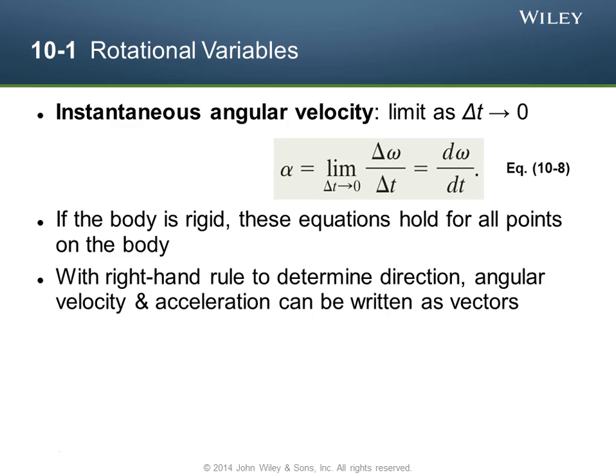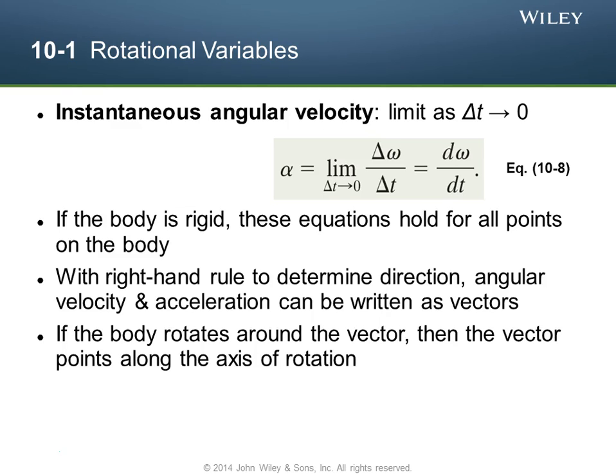Now, displacement is also a vector, and so we can use the right-hand rule to determine the direction of the displacement vector as well. And if the body rotates around the vector, then the vector points along the axis of rotation. So the directions of the vectors for the acceleration, velocity, and displacement are all going to be along the axis of rotation.